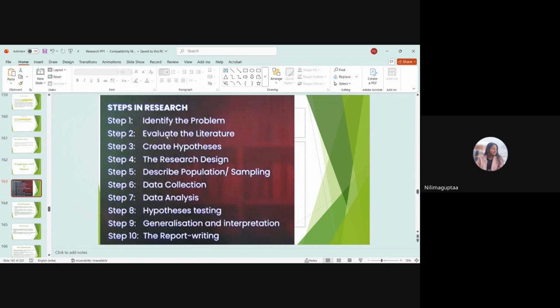So reviewing the literature, there are certain software which help you a lot to find out data and check it out. So in today's day, you can just look and come to know, okay, on this research has been done. So you won't waste your time on the same thing.